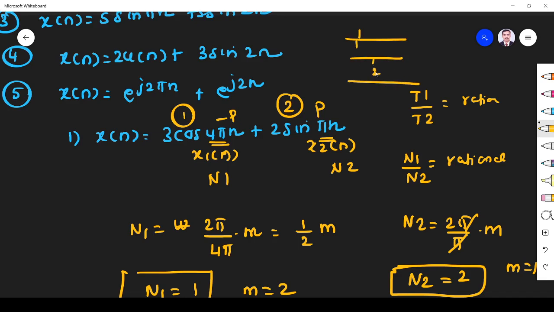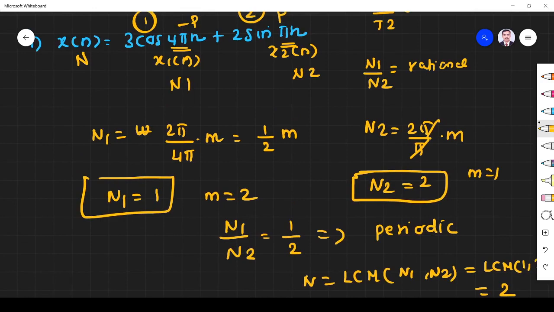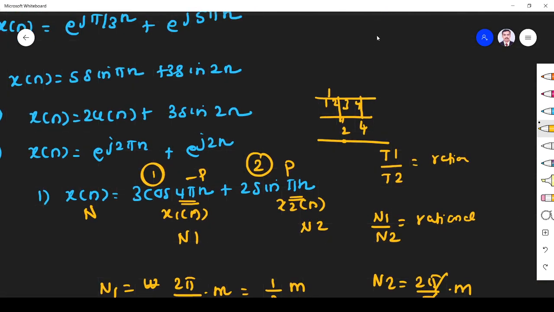Then collectively they will repeat together. For example, the first signal repeats every one sample, the second signal repeats every two samples, and the common signal repeats at every two samples. They will meet at 2, then change, and at 4 again they will meet. That is the common period. Are you understanding the logic? So n is equal to 2 is the period of the common signal x of n.